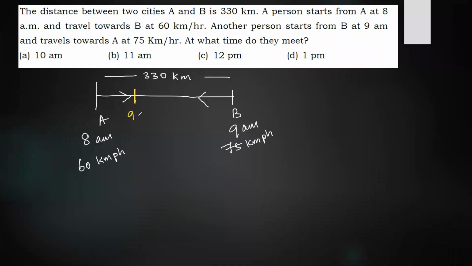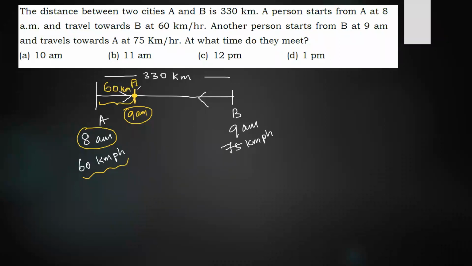We consider 9 a.m. for person A. He will be here at 9 a.m. So what is the distance traveled? He started at 8 a.m., and till 9 a.m. he traveled for 1 hour. His speed is 60 kilometers per hour, so he traveled 60 kilometers.